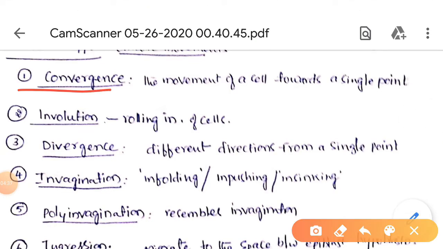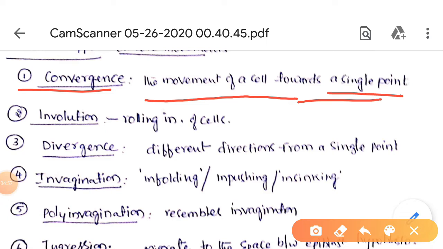Now we discuss the first one, convergence. Convergence means the movement of cells towards a single point. That means cells from different angles or different portions all move towards a single point.